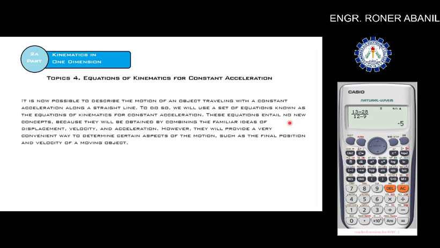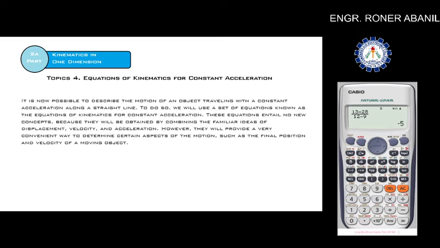So, now, let's go to topic number 4. The equation of kinematics for constant acceleration. It is now possible to describe the motion of an object traveling with a constant acceleration along a straight line. To do so, we will use a set of equations known as the equations of kinematics for constant acceleration.